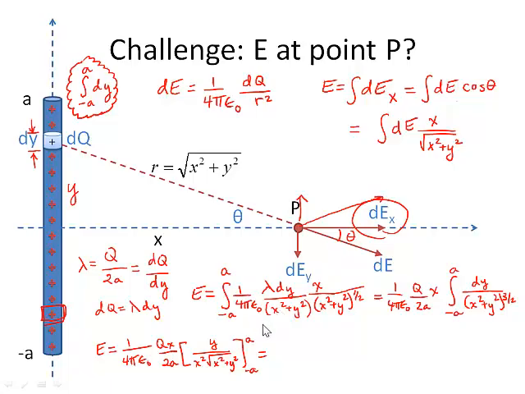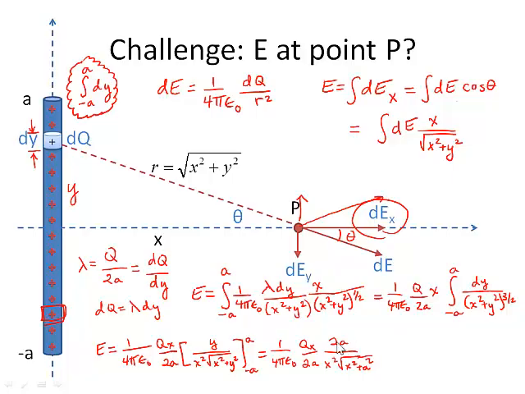We have to plug in those limits for y, because y was our integration variable. And what we get is 1 over 4 pi epsilon naught qx over 2a times 2a over x squared times the square root of x squared plus a squared.